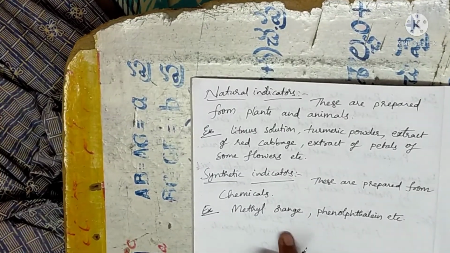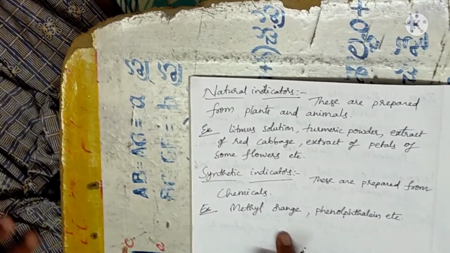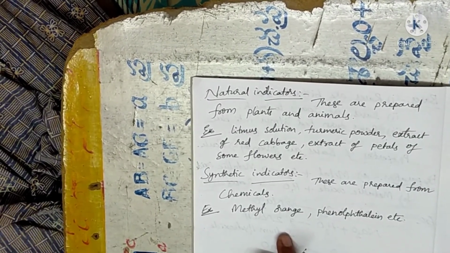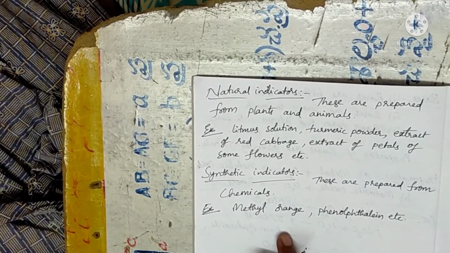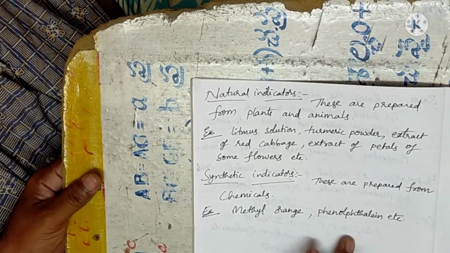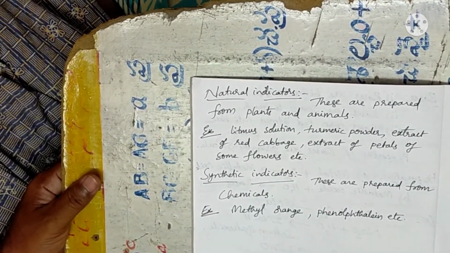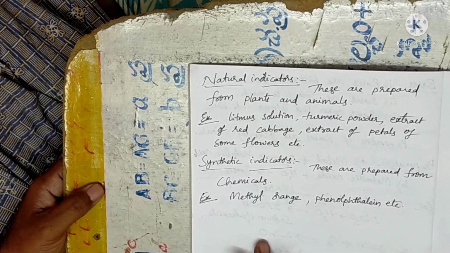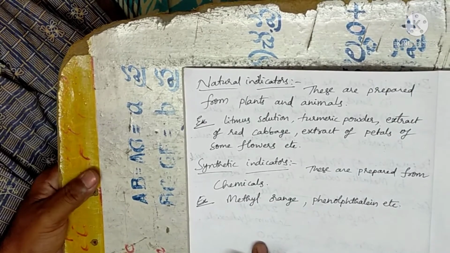This is also one of the general questions for 10th class: write any two names of synthetic indicators. The synthetic indicators are methyl orange and phenolphthalein. These are the indicators we use to identify whether a substance is an acid or a base.